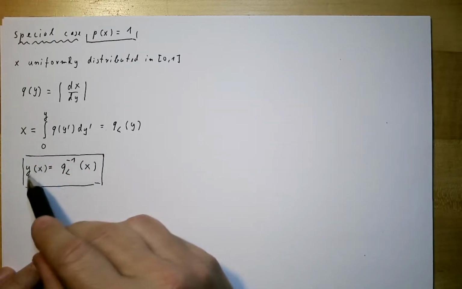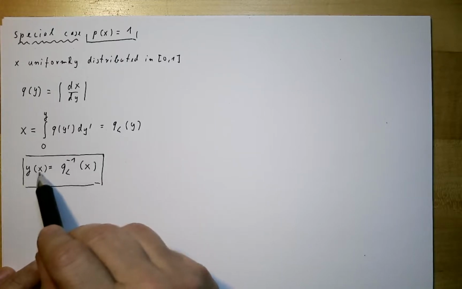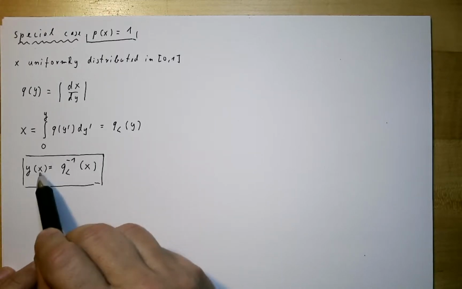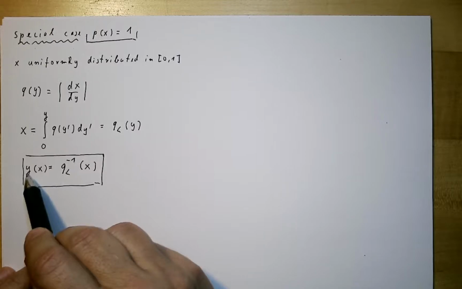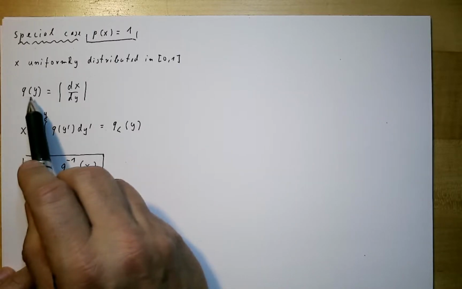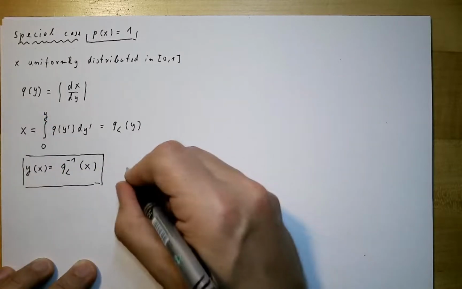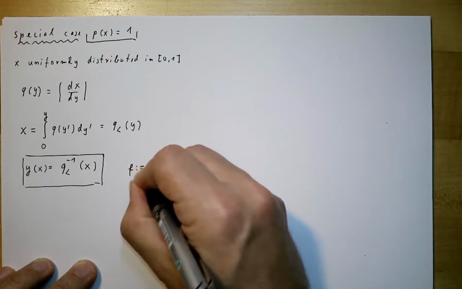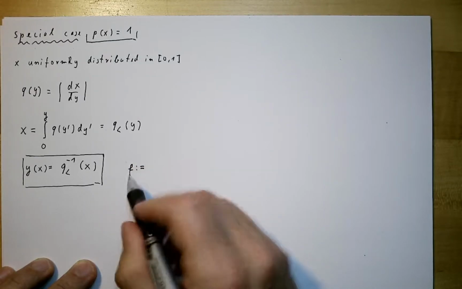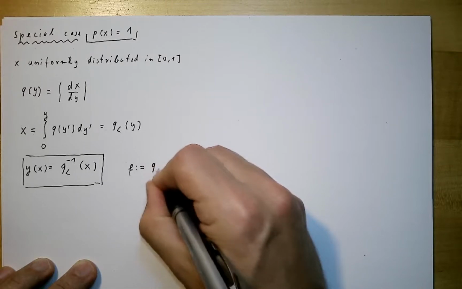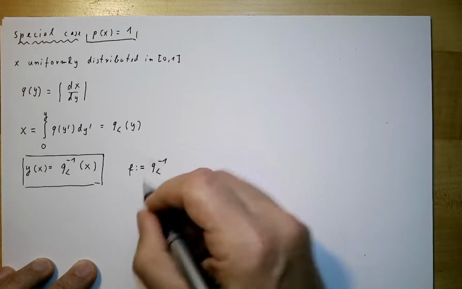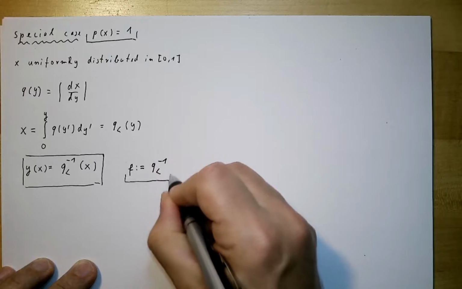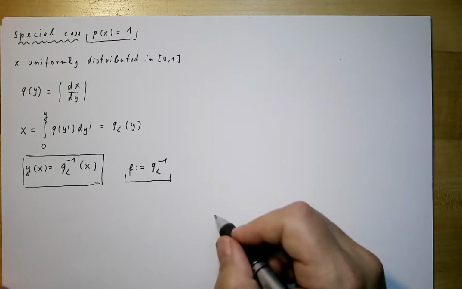And this is what we were looking for, because this is the variable transform from variable x to variable y, which gives us our desired distribution. So we see our desired variable transform is just the inverse of the cumulative distribution. And this is something to remember.